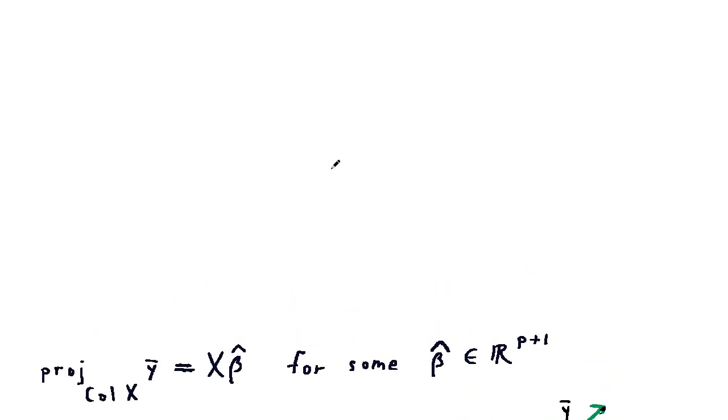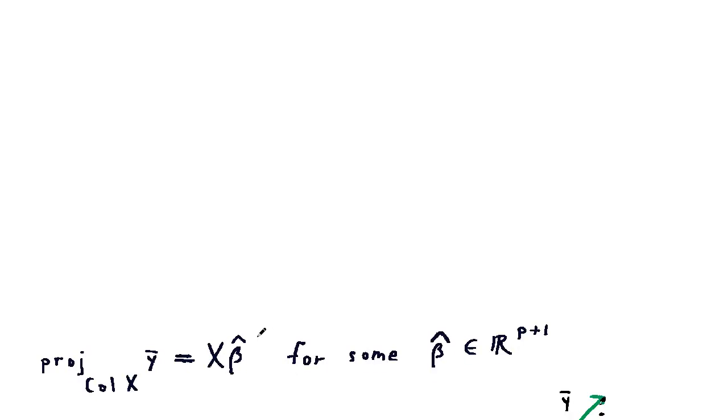So the projection of y onto the column space of X is going to be equal to X beta hat for some beta hat in R^(p+1).